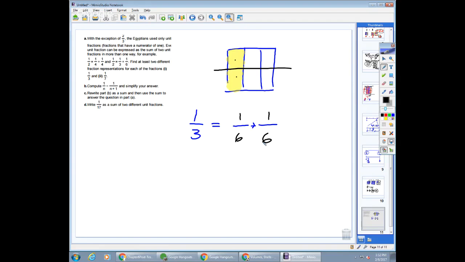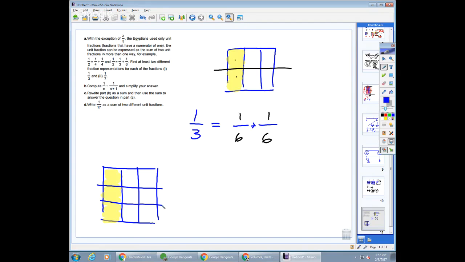And there could be other ways, but sometimes you might try something and it might not work. For example, I might have tried starting with 1/3. And maybe I tried cutting it into ninths, right?